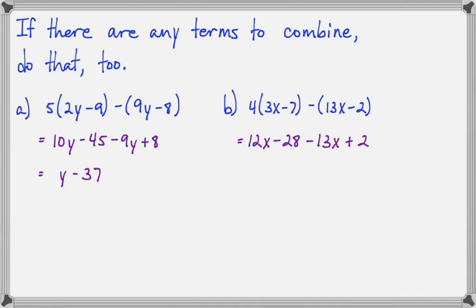So 12 minus 13 is negative 1. So I wrote negative x. Whenever we have a coefficient of 1, we don't actually write the 1, it's just understood. So just negative x, and then negative 28 plus 2. Negative 28 plus 2 is negative 26, so I'm going to write minus 26. And that's all there is to that.